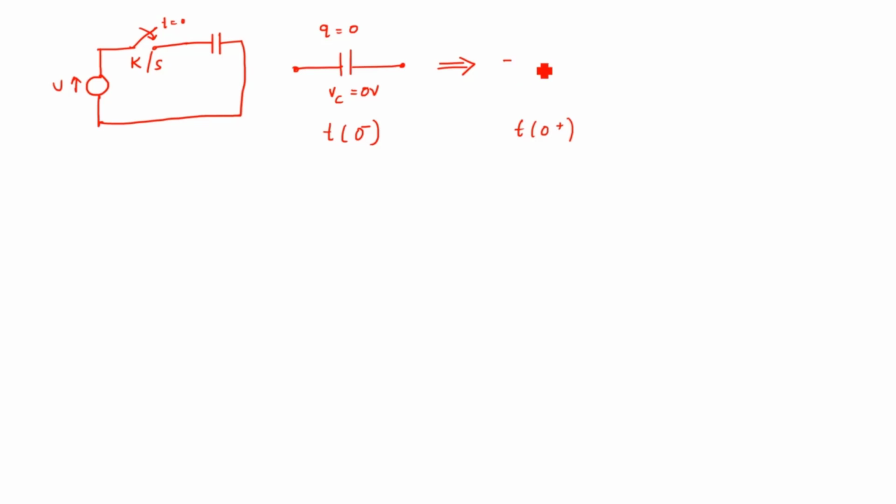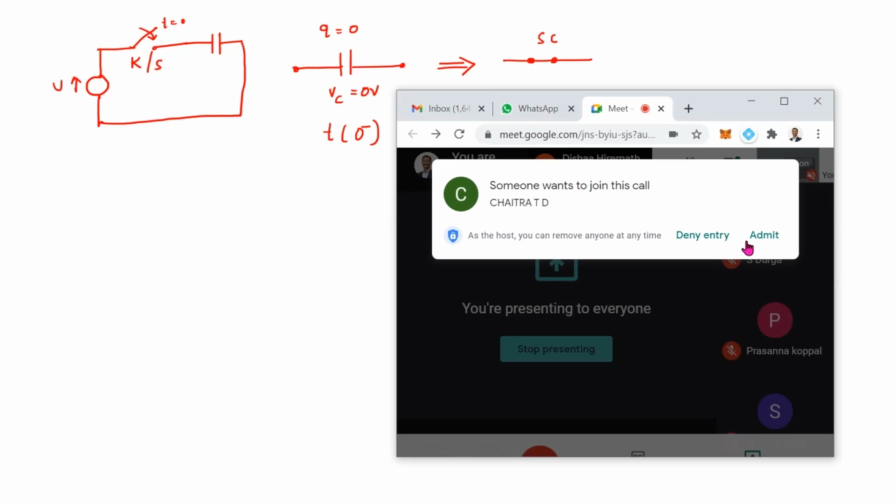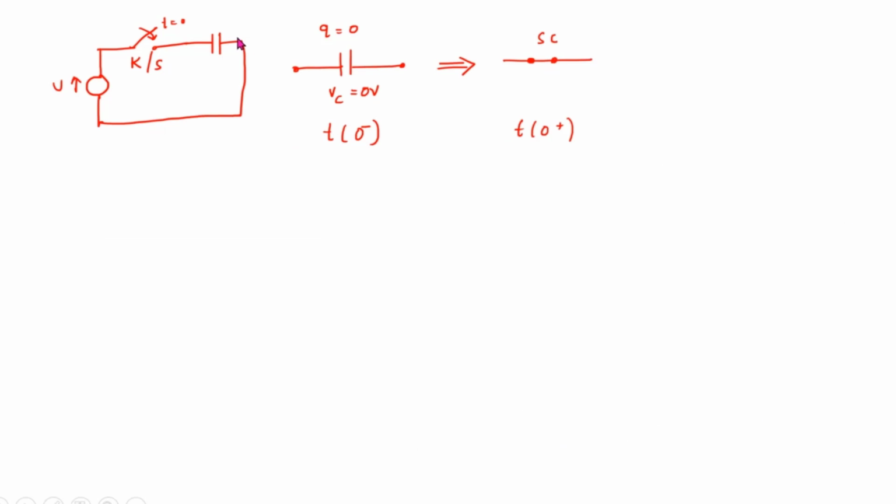So it can be represented as a short circuit, because this 0 volt can be represented as a short circuit. Alright, then one more possibility. Same capacitor, it is charged. It is not equal to 0 here. It is previously charged with some value, A volt.